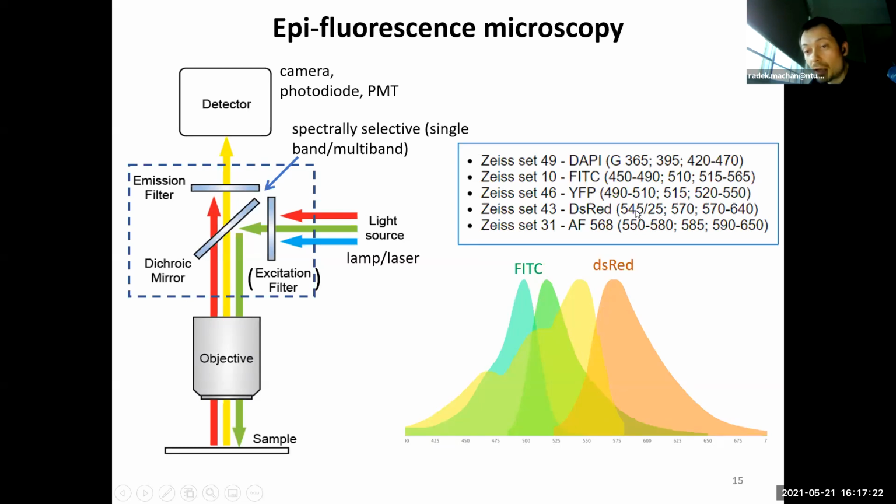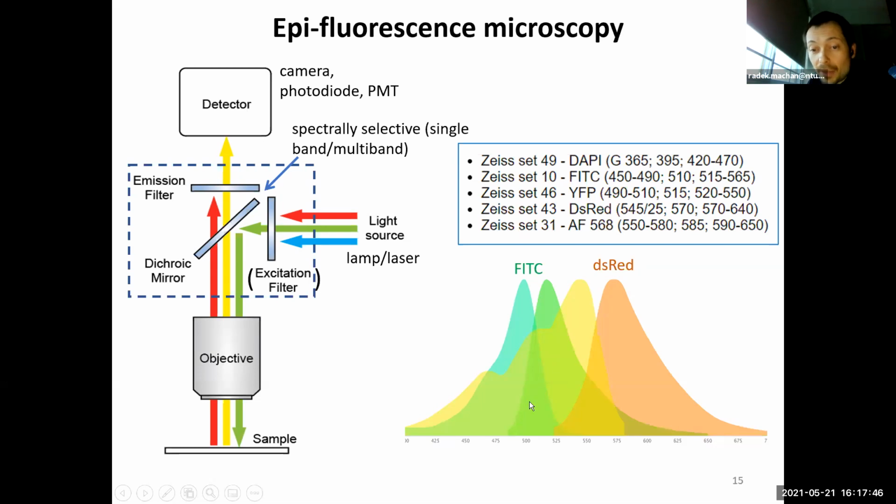So I should understand this as: the center is 545 and the width is 25. So that means 545 plus minus 12.5.